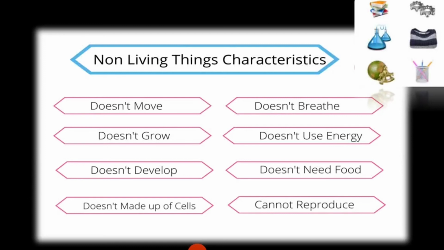Now, the characteristics of non-living things. Non-living things are lifeless, they do not have cells, and they do not show the metabolic activities. They do not have a definite shape or a size of their own.